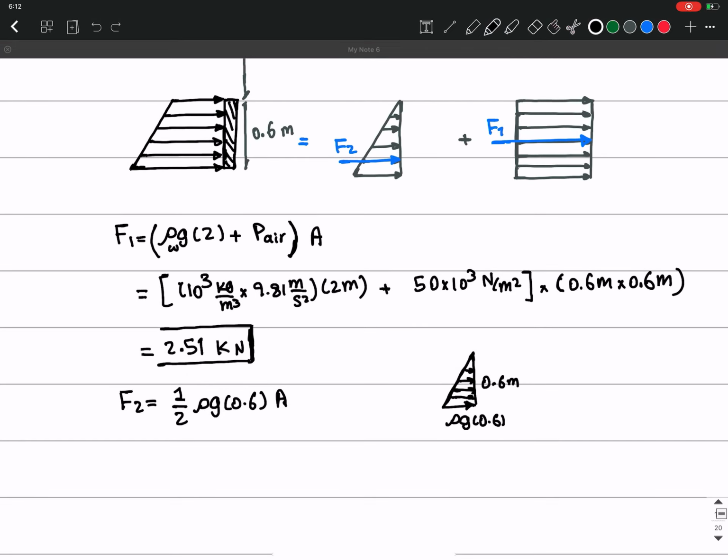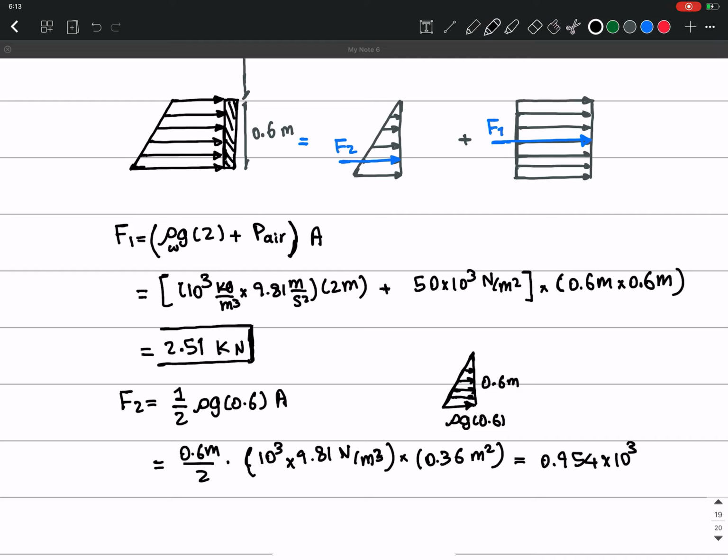So this is going to be 0.6 meter over 2 times 10 to the power 3 times 9.81 Newton per meter square per meter cube times the area, which is 36.36 meters square, and this is going to give me 0.95 times 10 to the power 3 Newton.